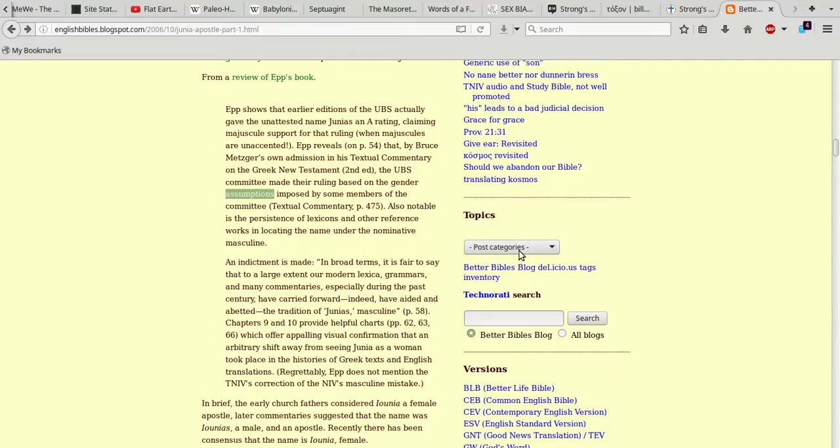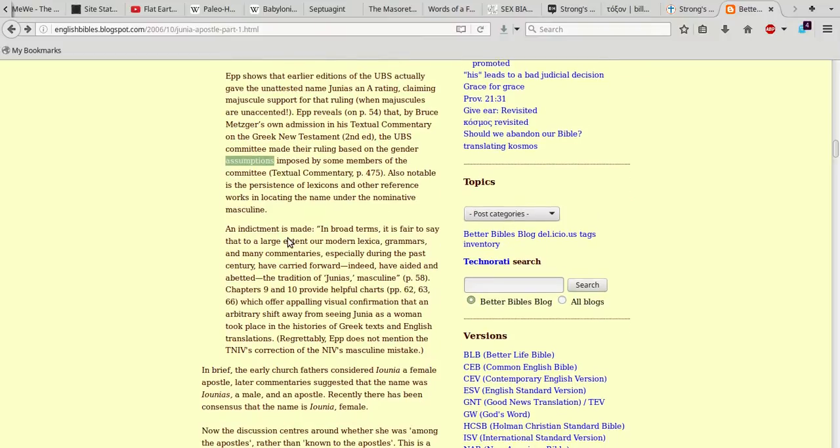Also notable is the persistence of lexicons and other reference works in locating the name under the nominative masculine. Nominative just means it's the subject of the sentence. Masculine is the grammatical gender. An indictment is made: in broad terms, it is fair to say that to a large extent our modern lexica, dictionaries, grammars, and many commentaries, especially during the past century, have carried forward, indeed have aided and abetted, the tradition of Junius masculine.